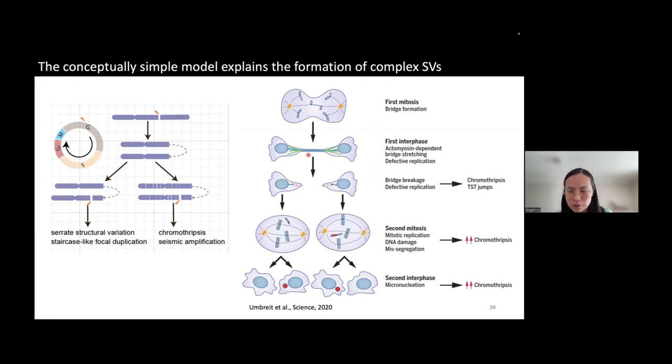And this breakage will cause chromothripsis or defective replication, like what I show here. And then in the next mitosis, there will be more chromothripsis and defective replications and also micronucleation causing lots of SVs. We want to use our model to recapture this phenomenon.